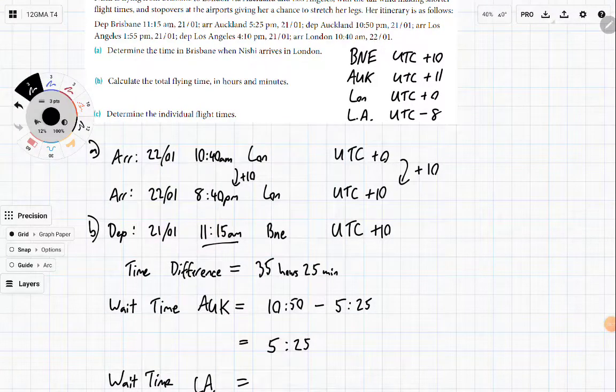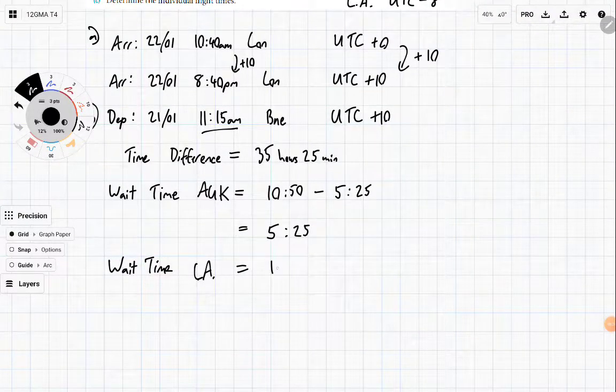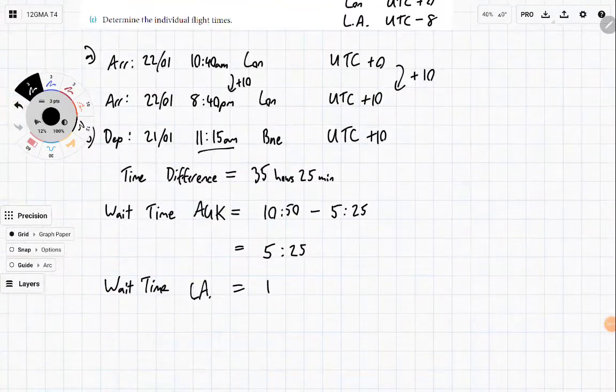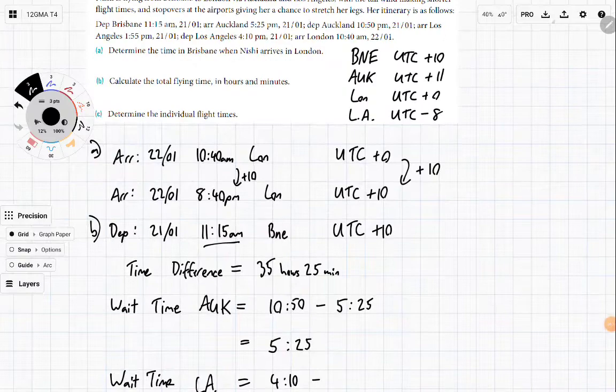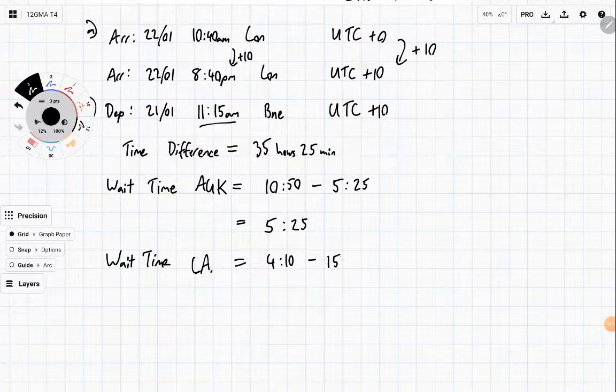So 4:10 minus 1:55. Alrighty, we can't take 55 off 4:10, so we make it 3:70. 55 off 70 is 15. 1 off 3 is 2. So it's 2 hours and 15 minutes. So that's all of her waiting time.